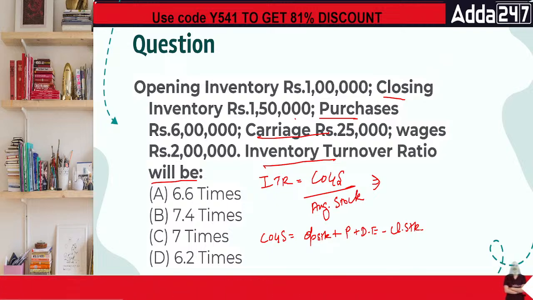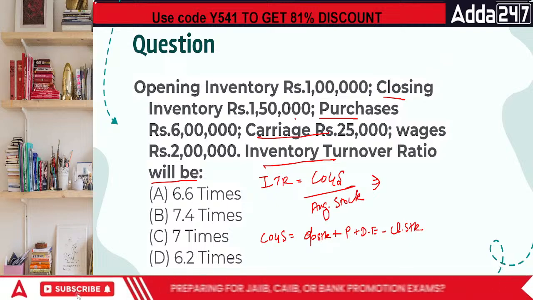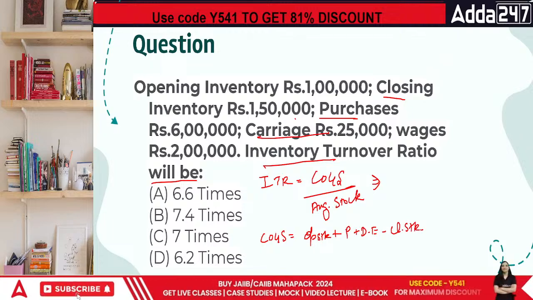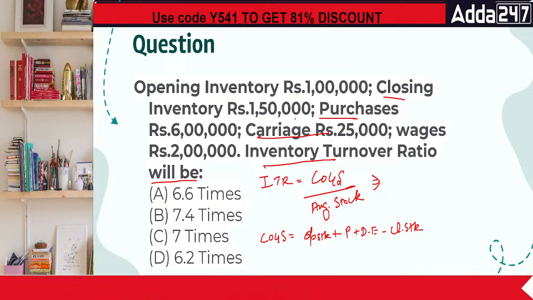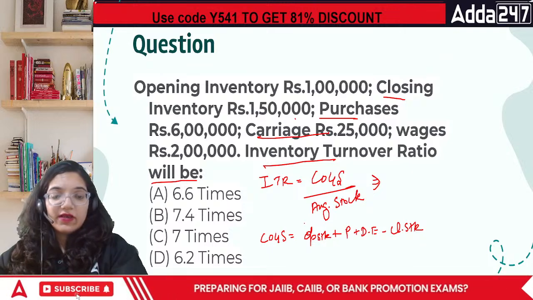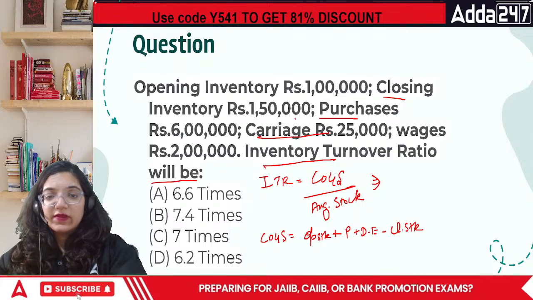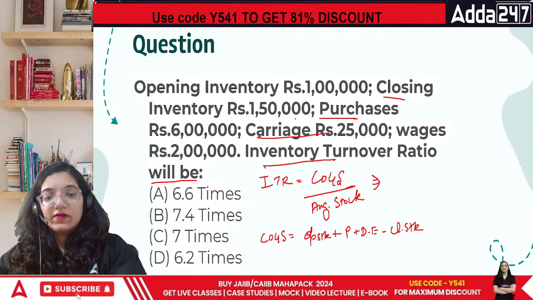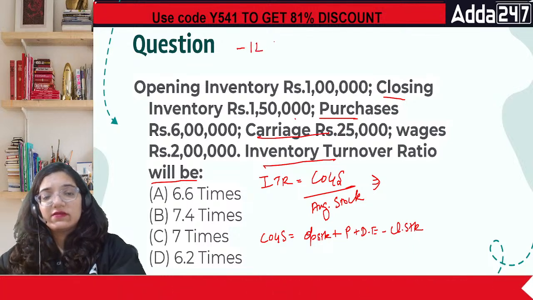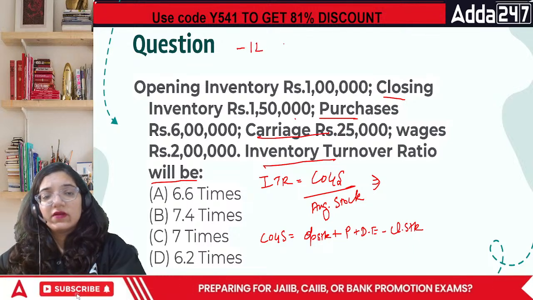Everyone, what's going to be the answer? This is COGS divided by average stock. Chaliye, let's look at it. Inventory is 1 lakh opening.